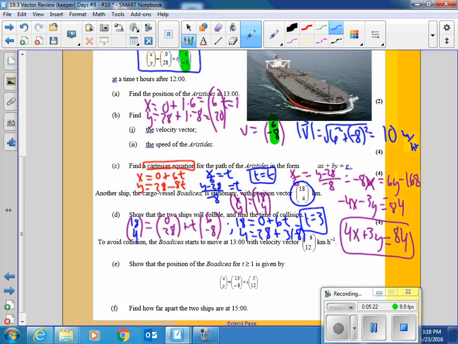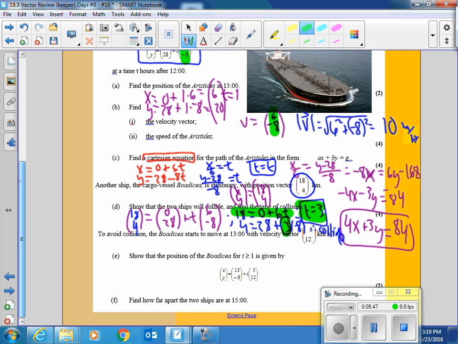So therefore, they collide. So what I did is I found the time for the x to collide with the stationary ship, put the 3 in here, and then I get 28 minus 24 is 4, so they collide.